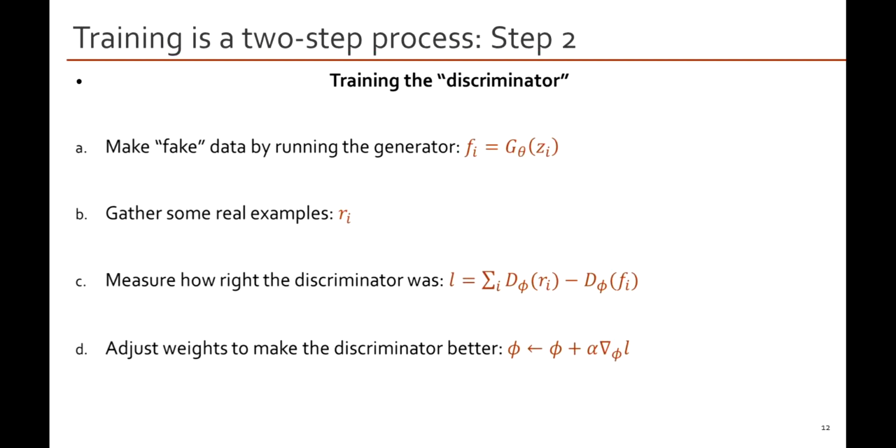I include a positive term in my loss for if my discriminator produces a high score for real images being real, and I penalize it for getting high scores for the fake images being real. This loss function gives me the ability to update the learnable parameters of my discriminator such that the discriminator becomes better.